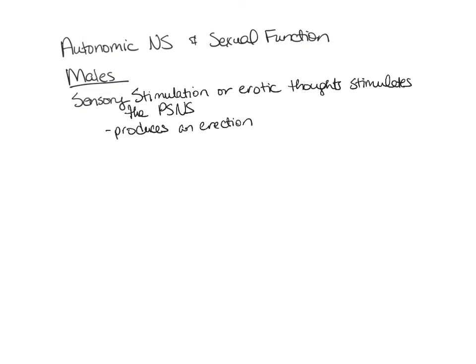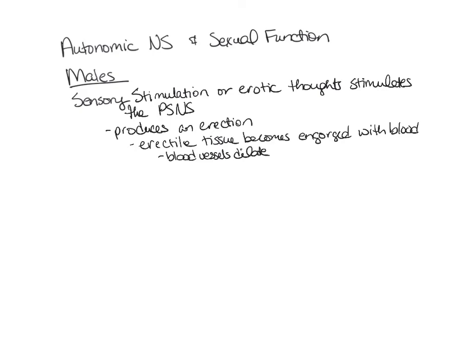An erection occurs as the erectile tissue in the penis becomes engorged with blood. As the male becomes sexually aroused, the parasympathetic nervous system is stimulated, and this dilates the blood vessels to the erectile tissue. As the erectile tissue becomes engorged with blood, an erection occurs.